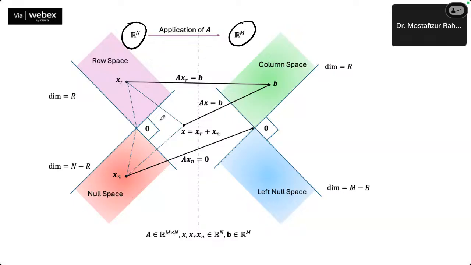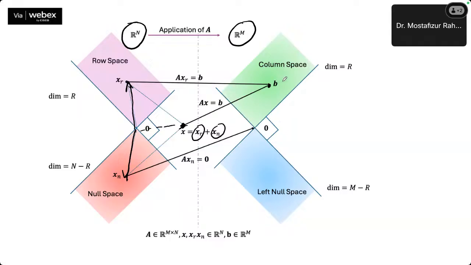Okay, so if it is a rank deficient system, Ax equals b is from here to here, but x may have two components, xr and xn. So this is your n component and this is your r component. If you add these two vectors, you get this particular vector, which you are projecting to the column space to get your solution.